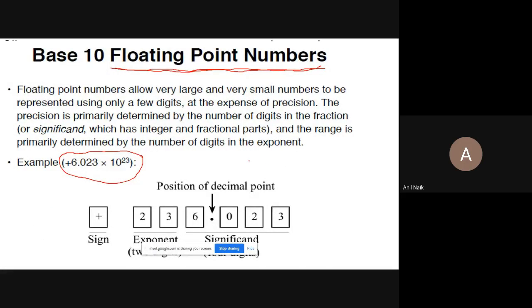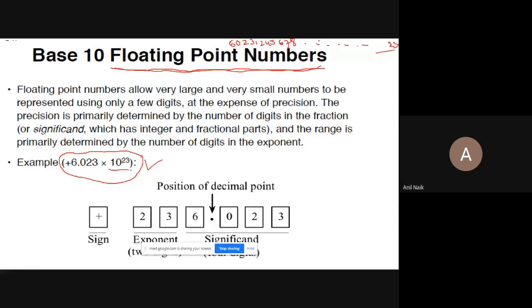For example, the number may be 6.023 followed by digits 1, 2, 4, 5, 7, 8, 9, up to 23 digits.